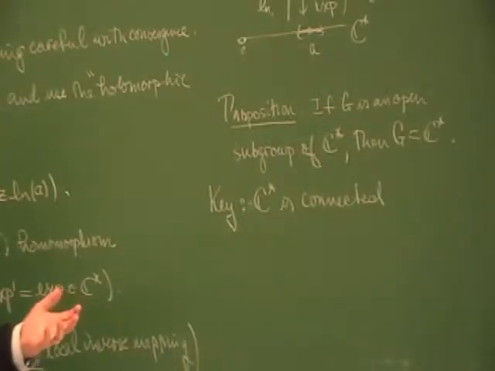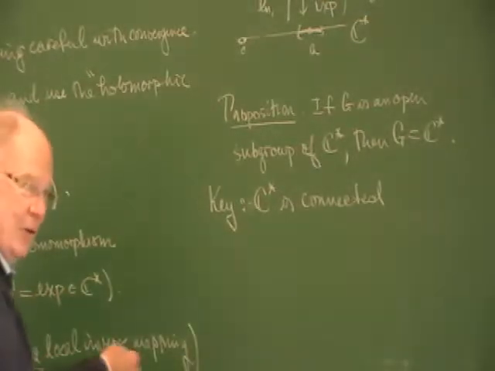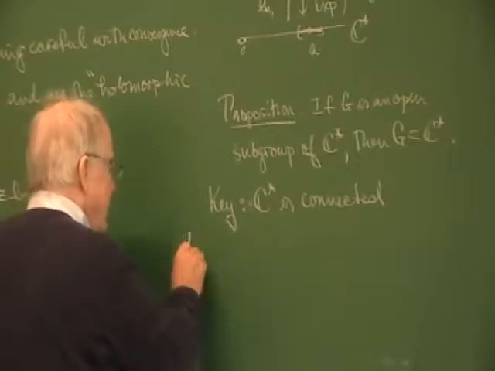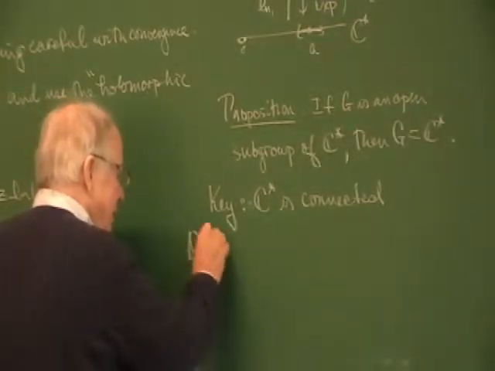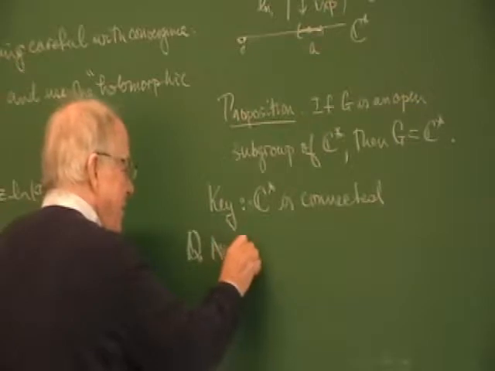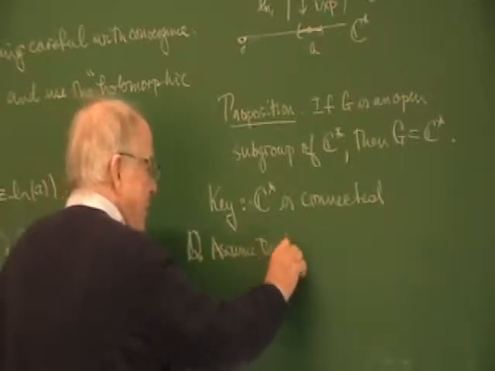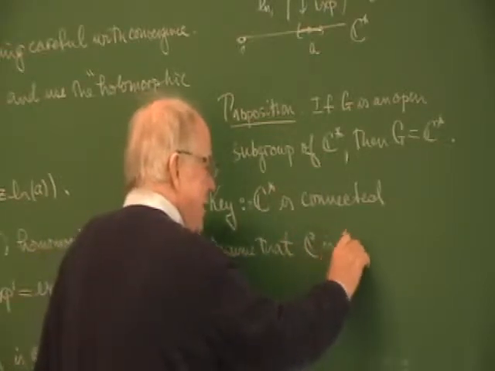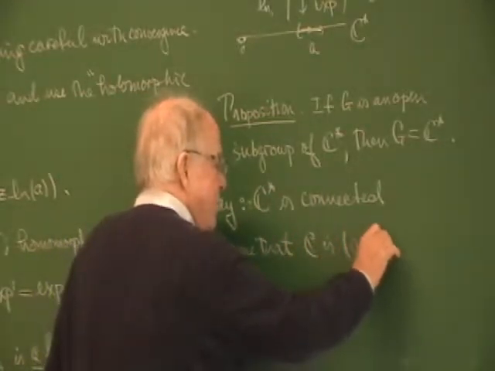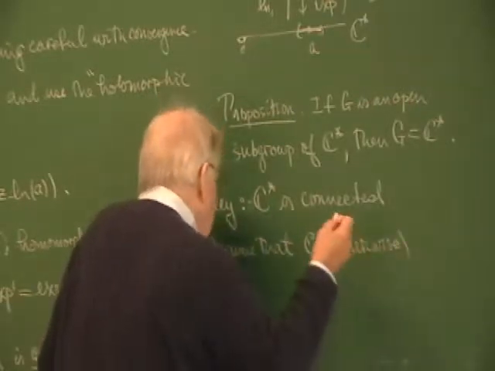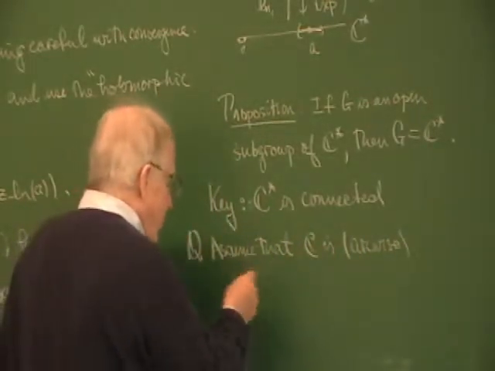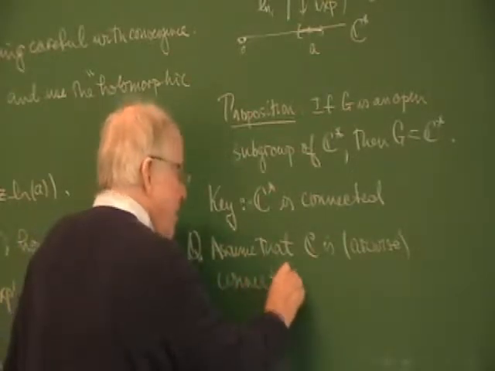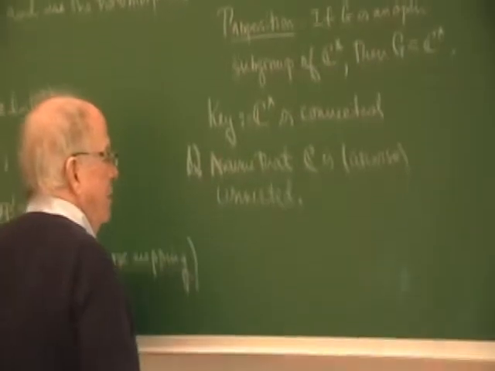So I'll start writing little questions. Assume that C is connected. Let's even say arcwise connected in a stronger sense. For me, it's stronger. So, arcwise connected. All these definitions are the same for something like C, the complex plane.